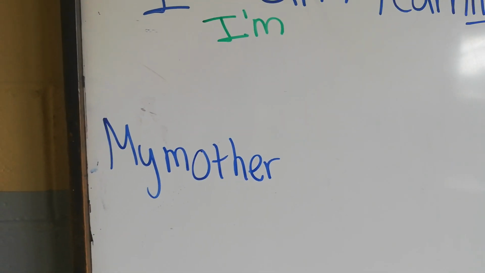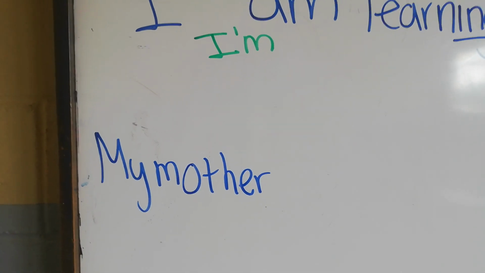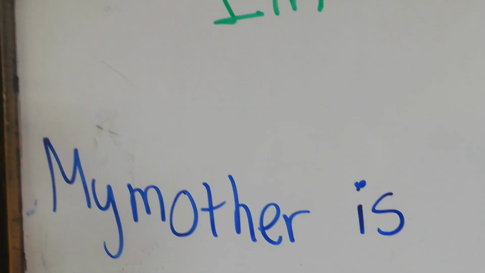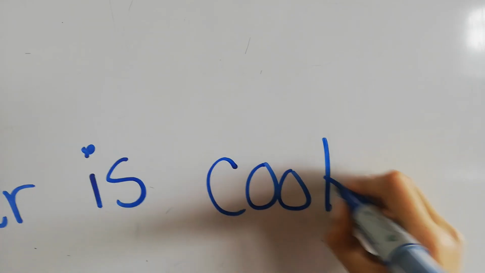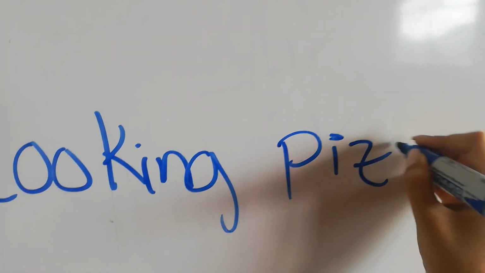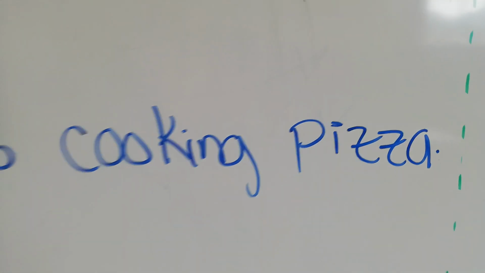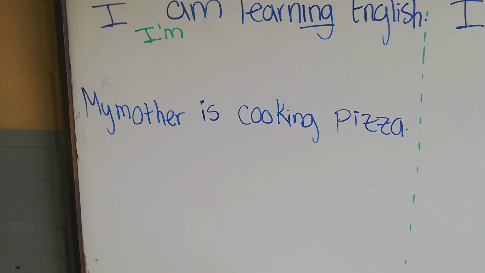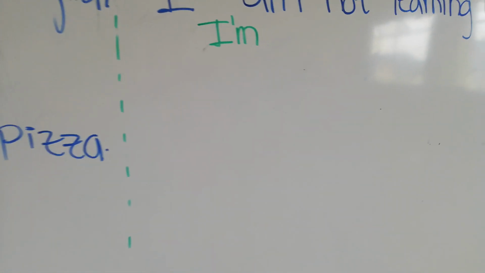What is the form to be for she? Yes, is. So the form to be is: my mother is cooking pizza. Do you like the pizza? Yes. So this is my second example. My mother is cooking pizza.